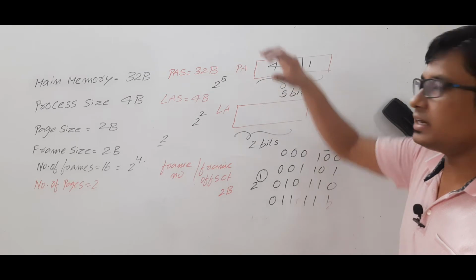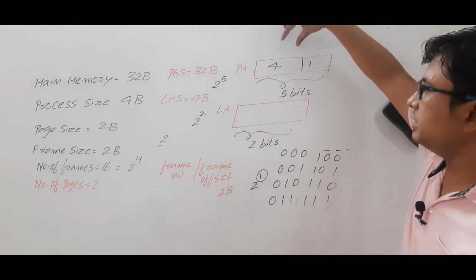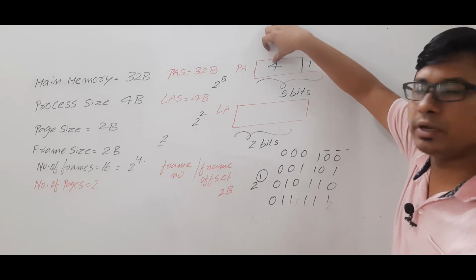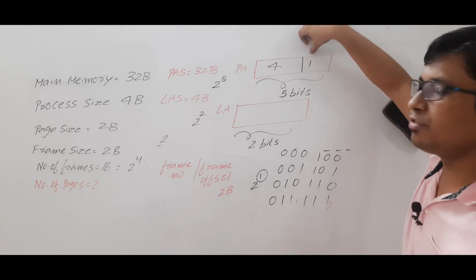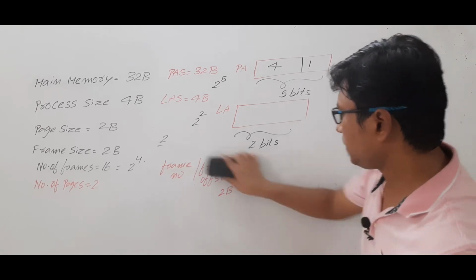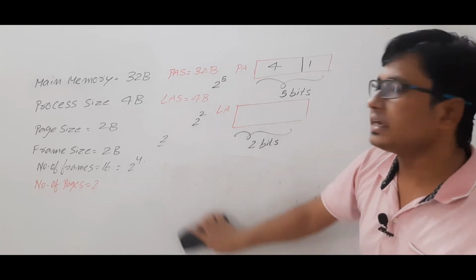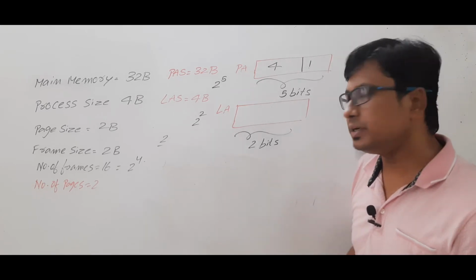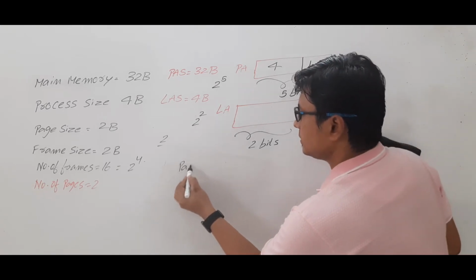So physical address is totally 5 bits and number of frames is 16 frames. So frame number will occupy 4 bits and frame offset will occupy 1 bit. Is it clear? And coming to the logical address, it is divided into page number and page offset.